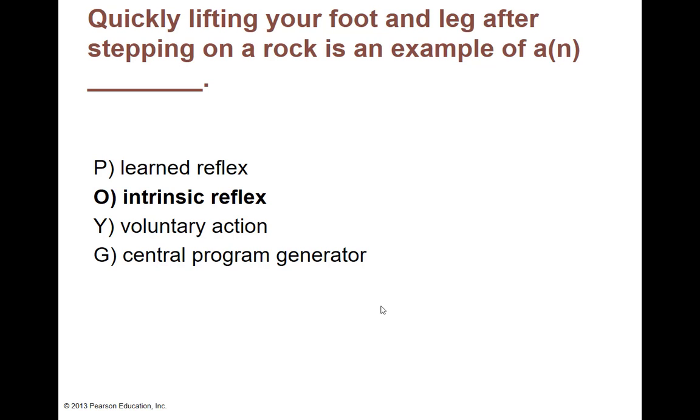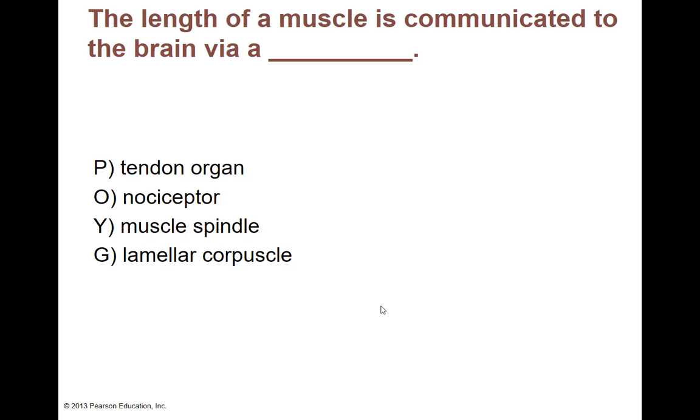It is the orange. It's an intrinsic reflex you were born knowing how to do. The length of a muscle, because I've just changed the length of a muscle, is communicated to the brain by what? What do you think sends information to the brain that the length of the muscle is changing?